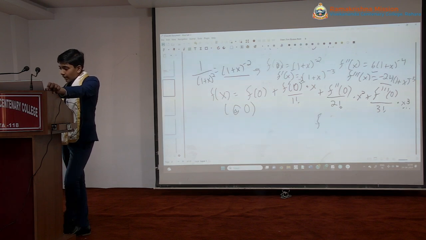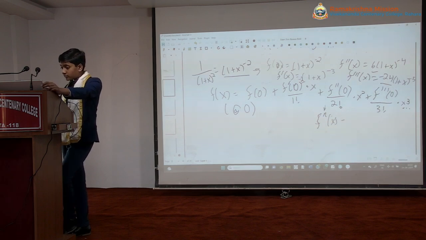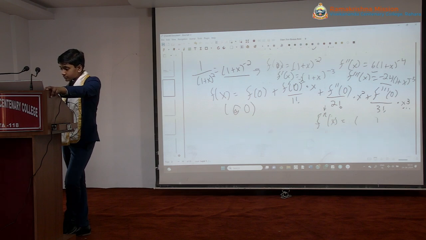So you get f^(n)(x), where n represents the number of derivatives, is... okay, so we multiply it by n factorial on the outskirts. This is actually n plus 1 factorial, I believe, but we're going to keep it standing as it is over there.